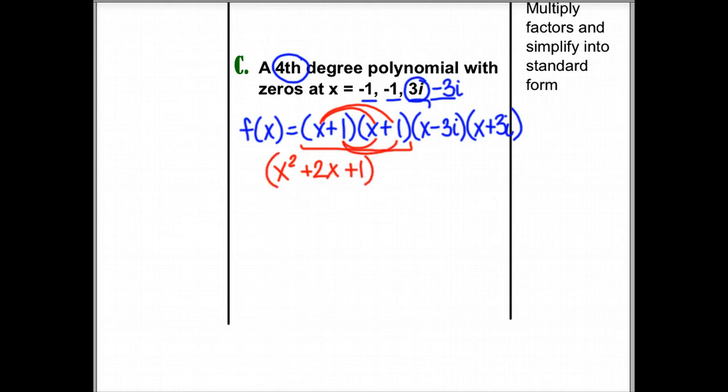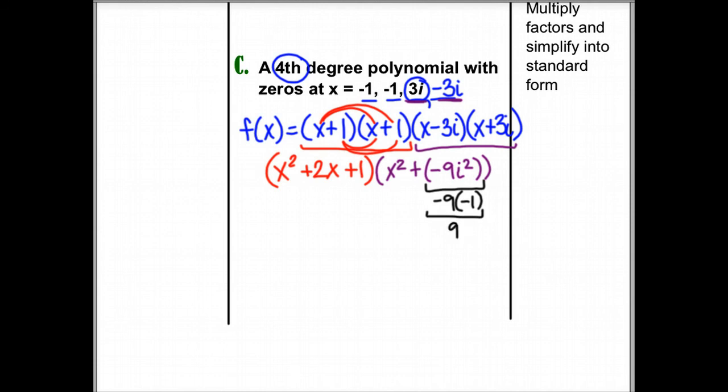And then I'm going to use my shortcut for this second part, and I'm going to have x squared plus the sum of my complex ones, so 3i minus 3i, which is 0, so I'm going to leave that out, plus the product, so that would be -9i squared, which, remember, is -9 times -1, which is +9.